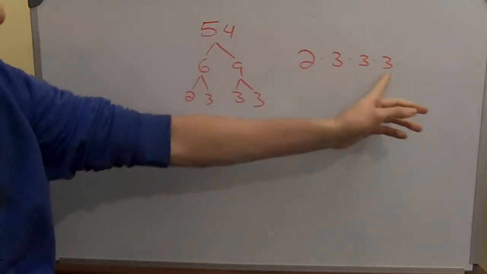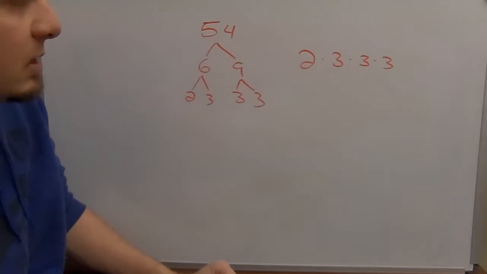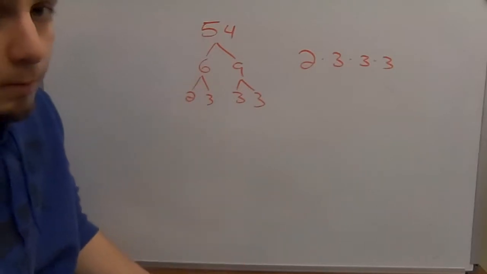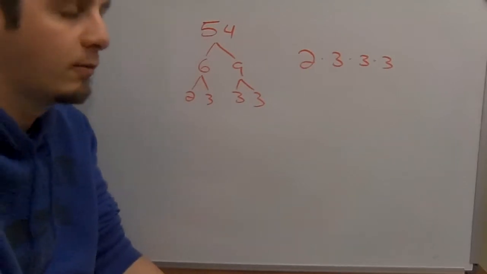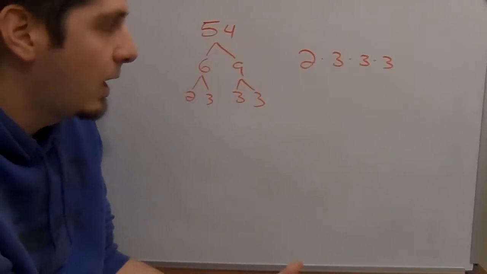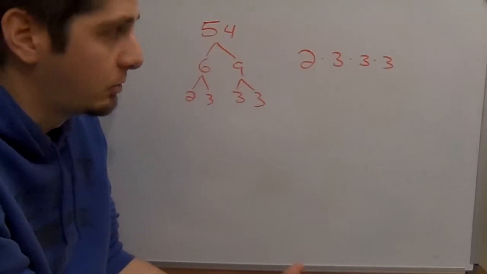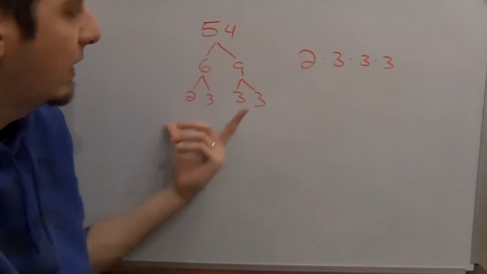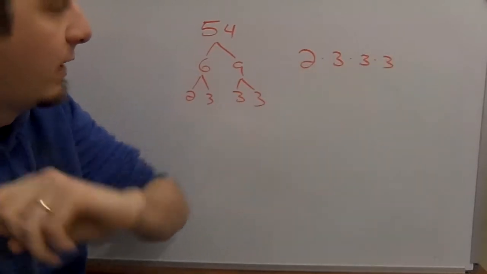What we can do with this is we can come up with every single number that goes into 54. So using just these numbers here, I can come up with all of the factors of 54. So the prime factors of a number will allow me to find all of the factors of that number. So when I take the prime factorization of 54, I can find all the factors of 54.